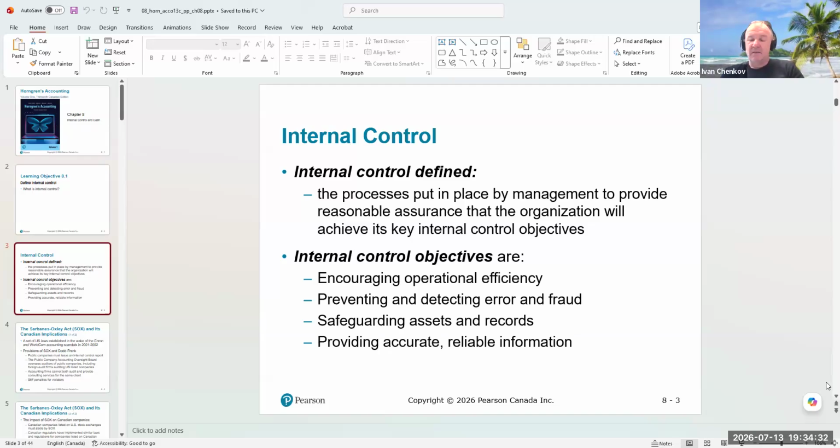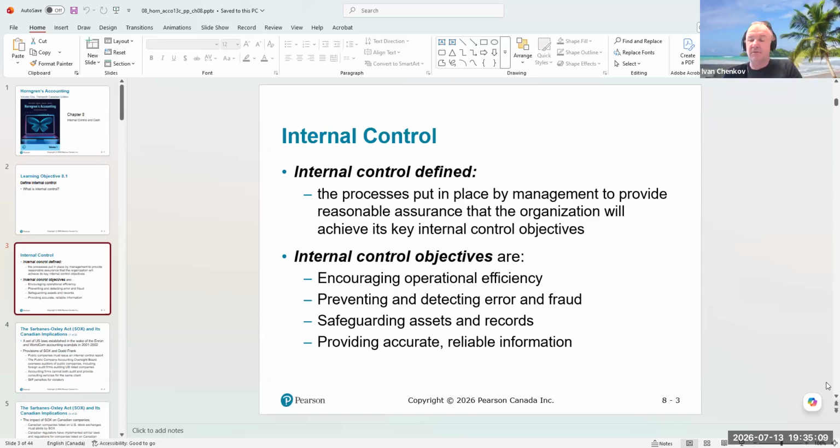The other thing that an internal control system is going to achieve is safeguarding of the assets and records. We already understand that the assets are important for our company to provide service or to sell the goods and items that we have available, but we also have to protect the records, since our enterprise resource planning system is going to hold all the information about our vendors, customers, purchases, sales, payments, cash receipts, everything.